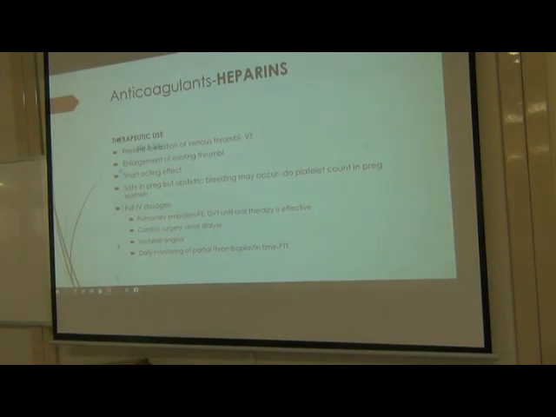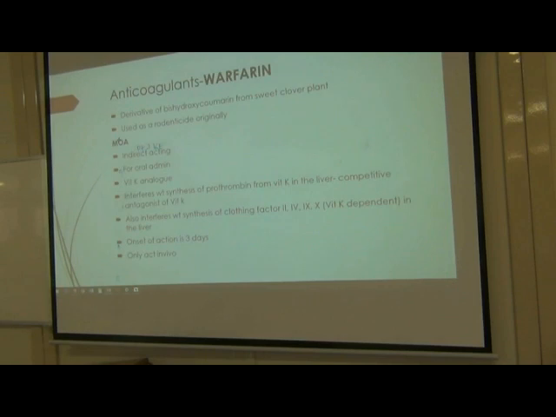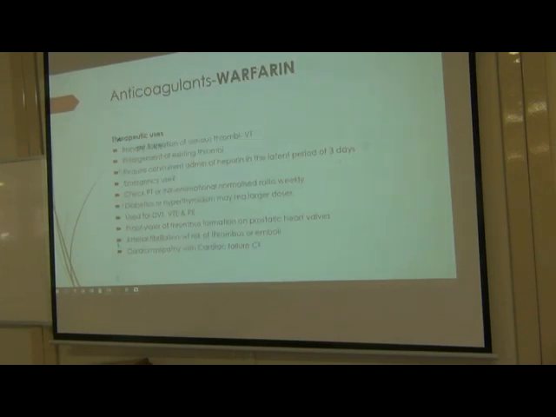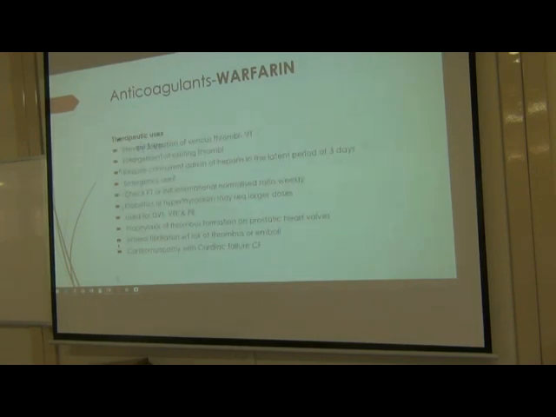So you monitor it. Warfarin also requires monitoring, either with the prothrombin time, the PT, or the INR, the international normalized ratio.